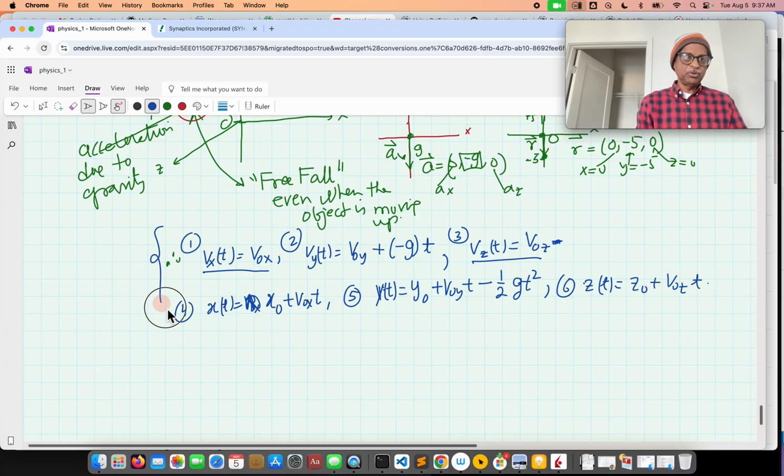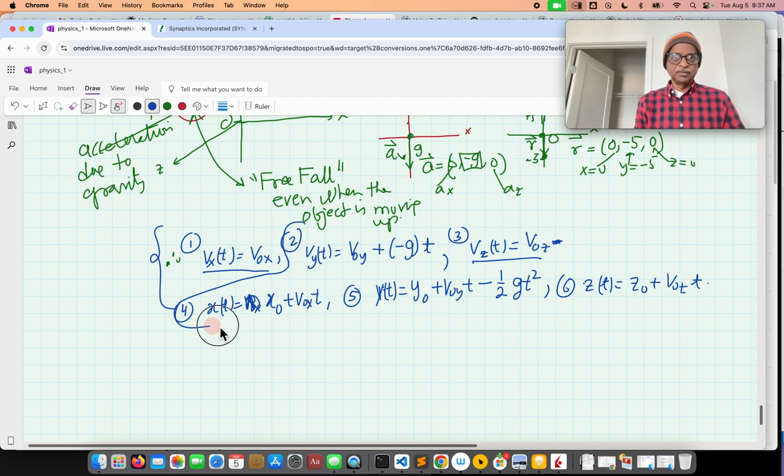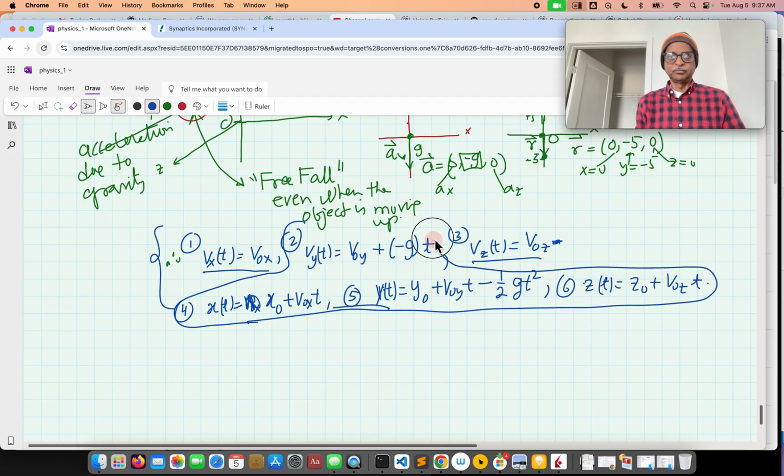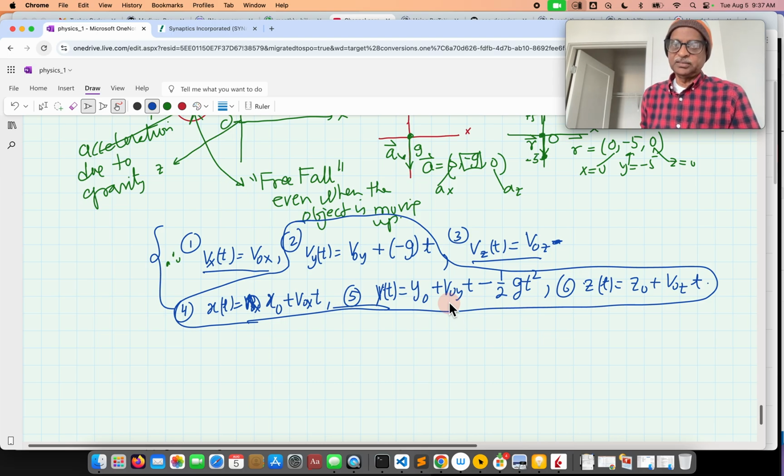People can memorize these. All of these have t in them, and you can try to eliminate t.